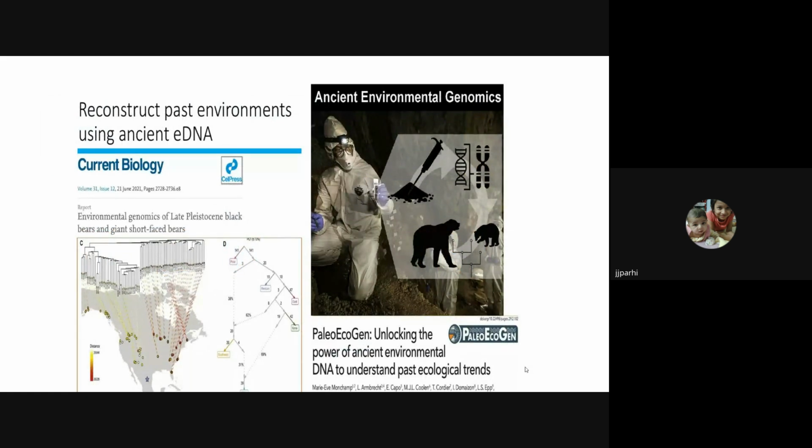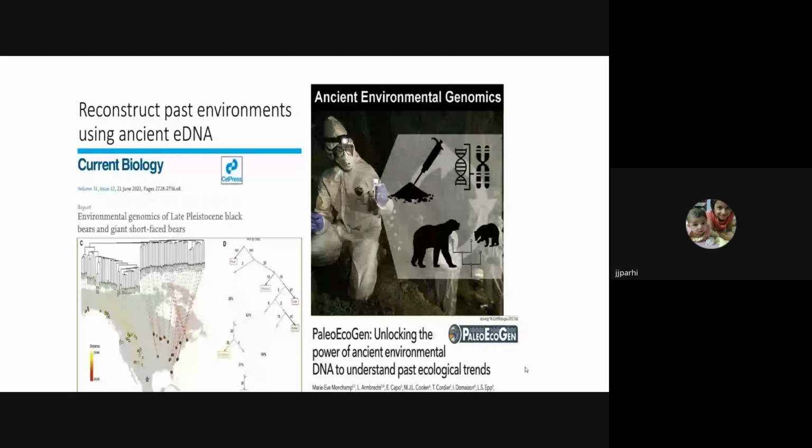This is one more important use, that is ancient environmental genomics. They reconstruct past environments using ancient eDNA. Ancient eDNA is like this: if you have a fossil, you can isolate the DNA from the fossil, and from the DNA you can get the whole genome and study it.